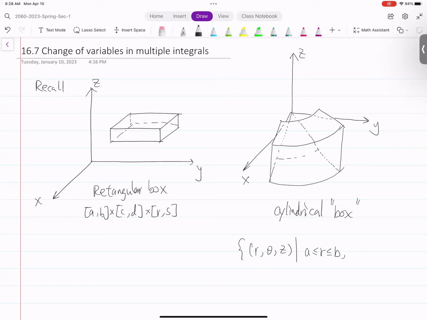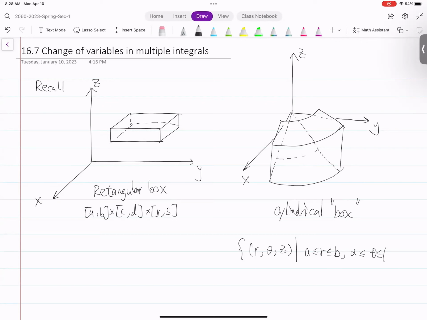And then for the angle theta, that's from, let's say, alpha to beta. And that's actually deciding these two sides. Okay? That's the limiting value for the angle within the XY plane. So this ray represents the angle alpha, and this ray represents the angle beta.